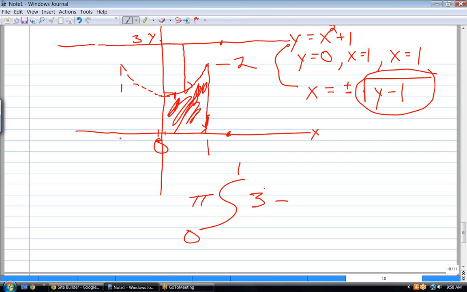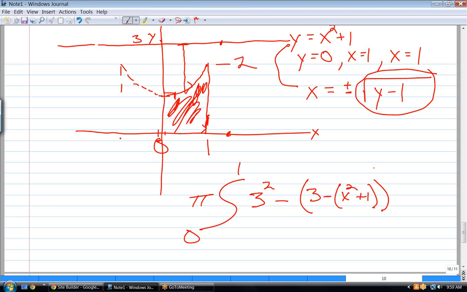I subtract the outside radius squared minus the inside radius squared. The inside radius is 3 minus y; if this is y, the distance from here to there is 3 minus y, and y is x squared plus 1.